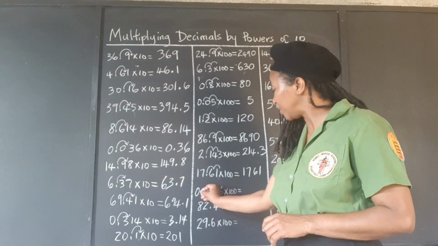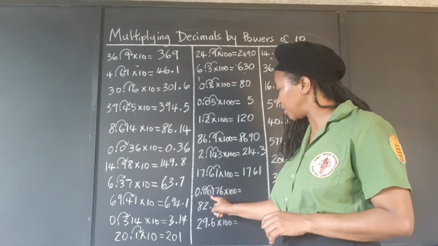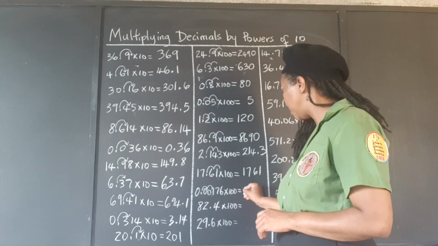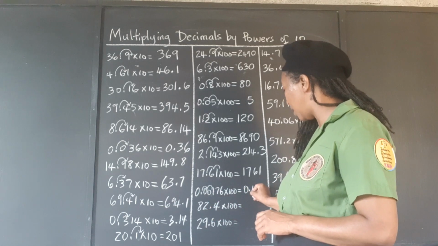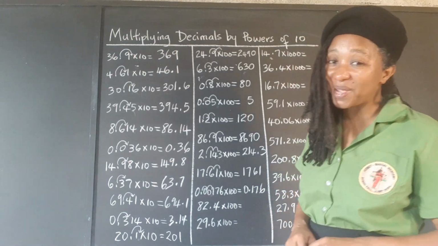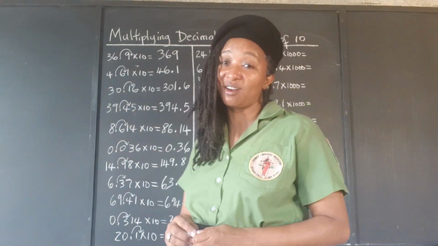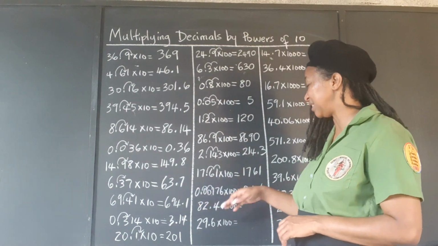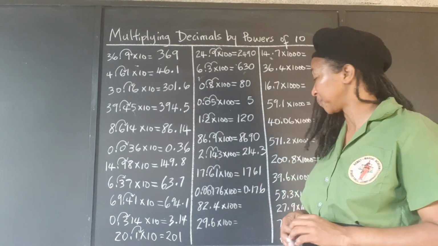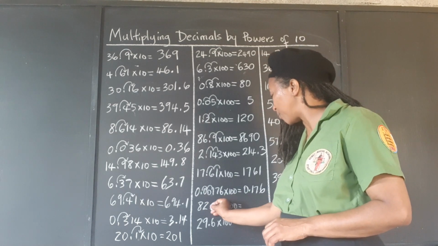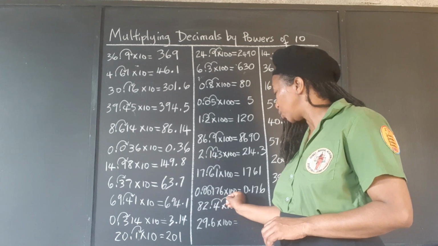We're going to move it 2 places, so it's going to drop between this 0 and the 1, so it's going to become 0.176. A much, much bigger number, believe it or not, than 0.00176.